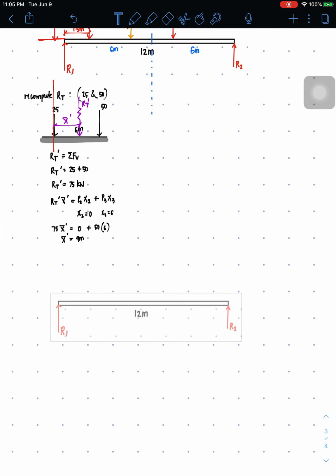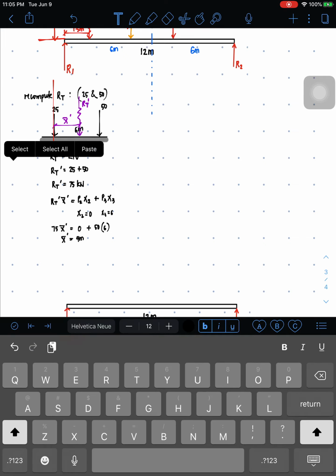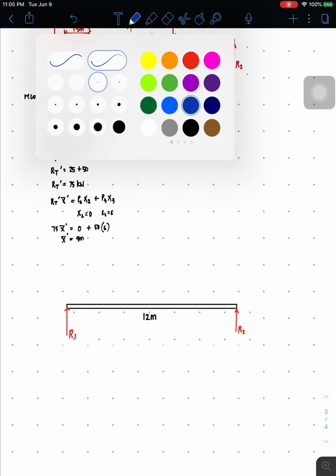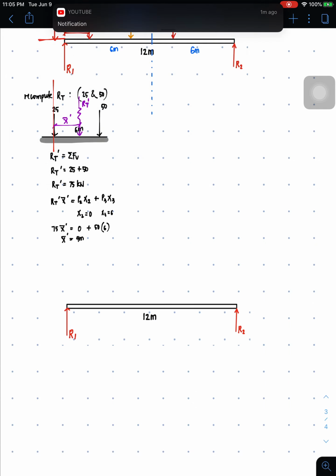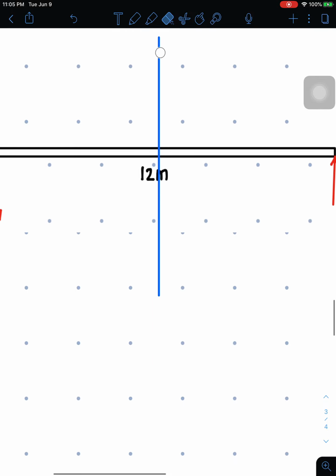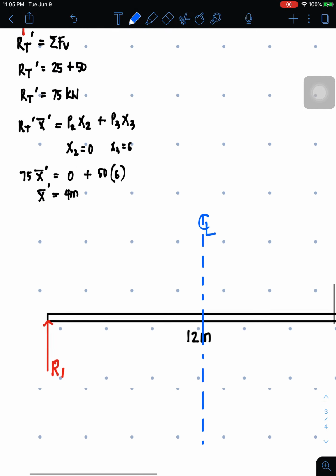So let's redraw the whole figure with the new resultant. So here is our new figure minus the P1, no? And then let's redraw the center line. So redrawing the center line, and then atong deleton para broken line. This is the new center line.